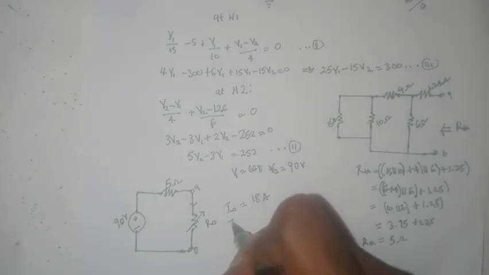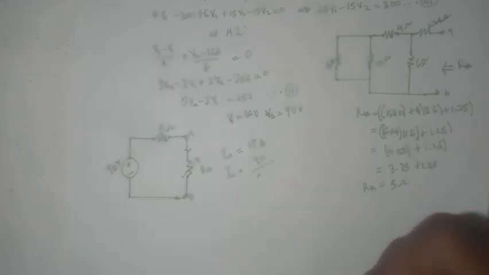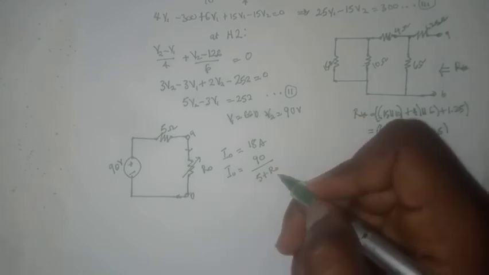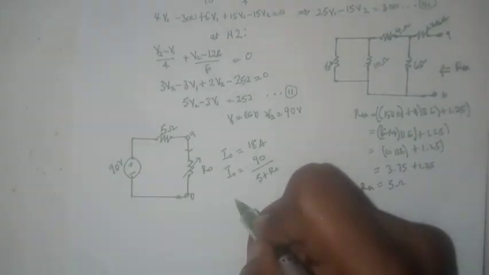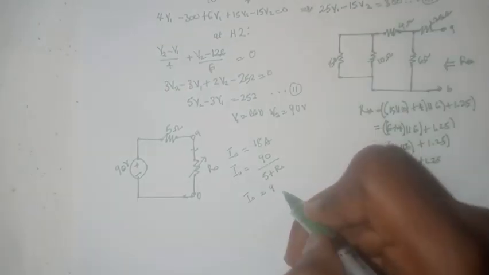We should state explicitly that I0 is equal to 90 volts divided by 5 plus R0. And so when R0 is equal to 5 ohms, I0 would be equal to 9 amperes.